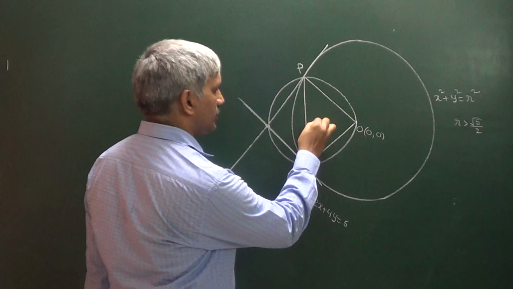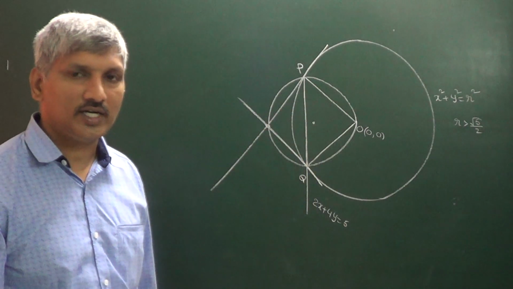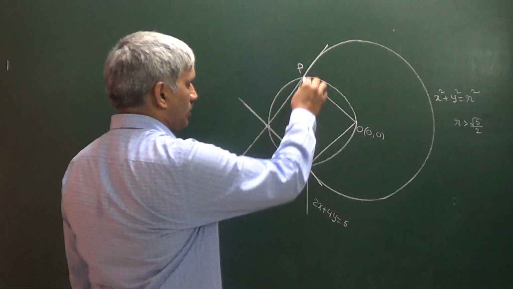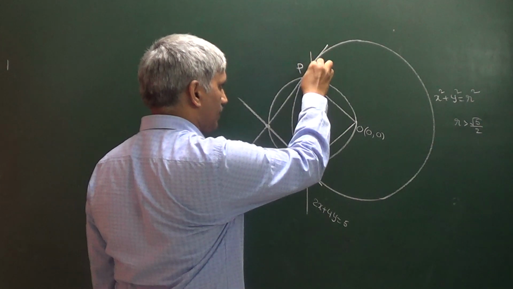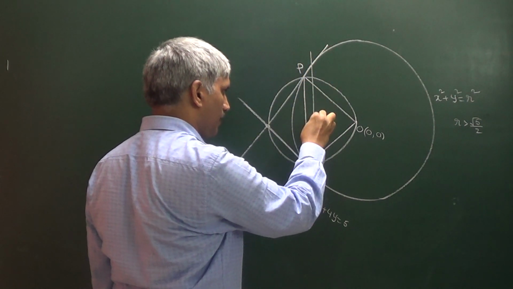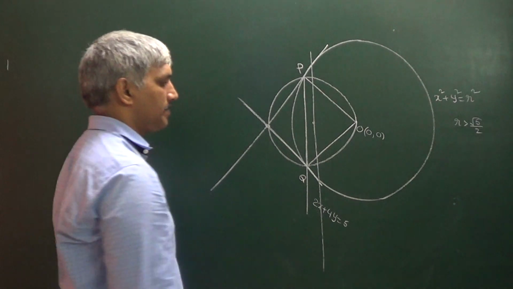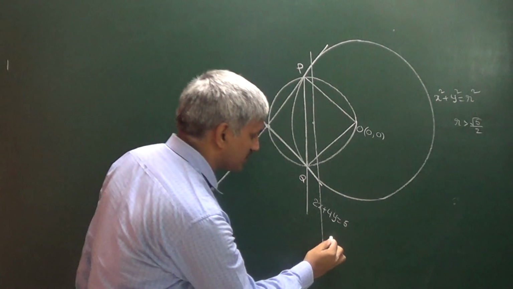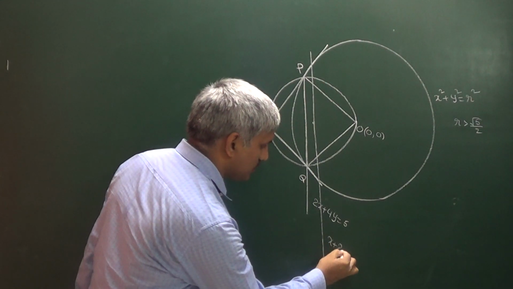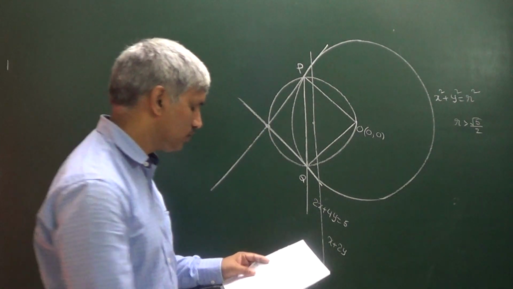Let us say this is the circumcenter of the triangle. Now this is the line given, x + 2y = 4.